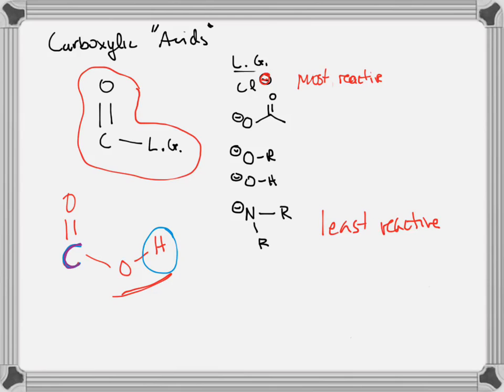Okay? And why this becomes important is how do we interconvert? If I wanted to convert, say, the carbonyl with the nitrogen on it to the carbonyl with the chloride, easy or hard? It's a really hard thing to do.